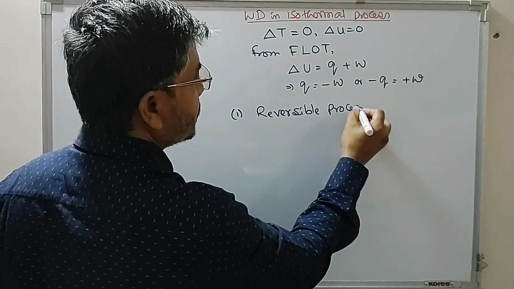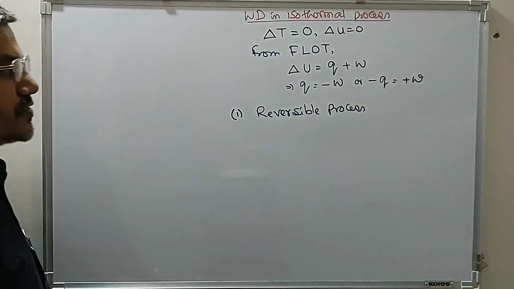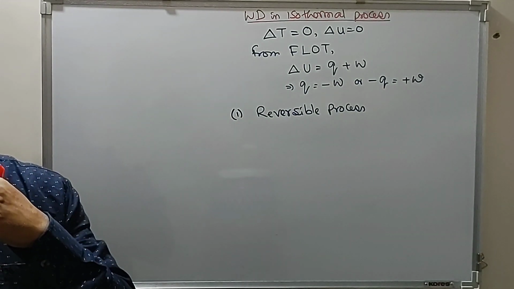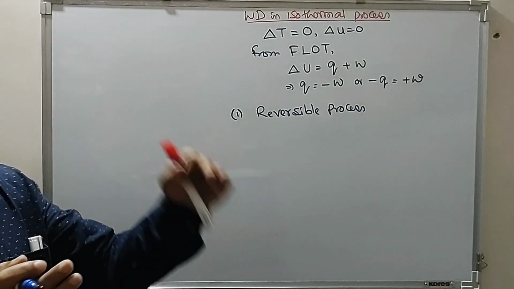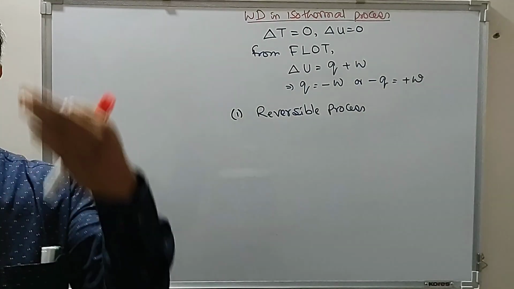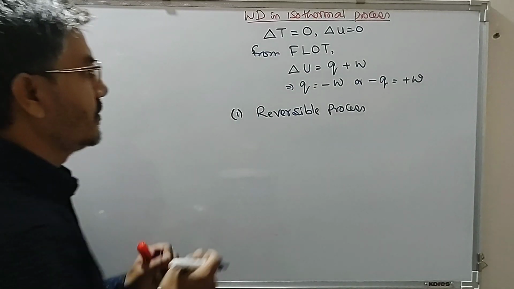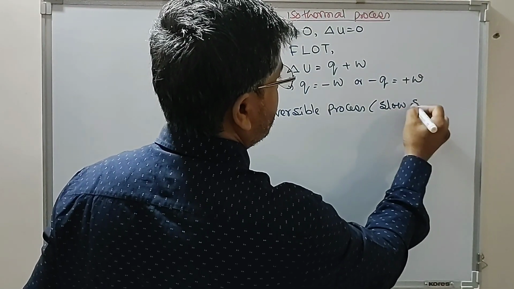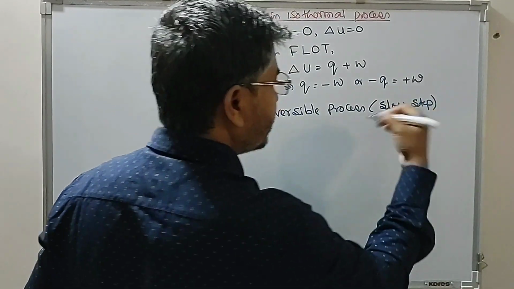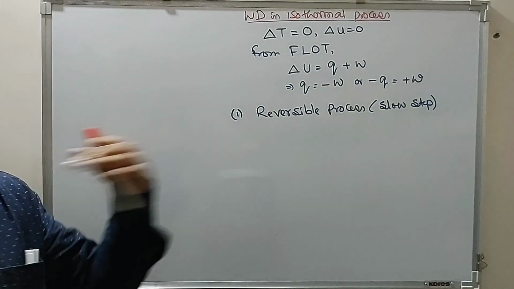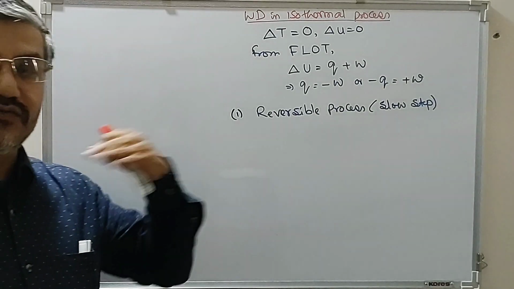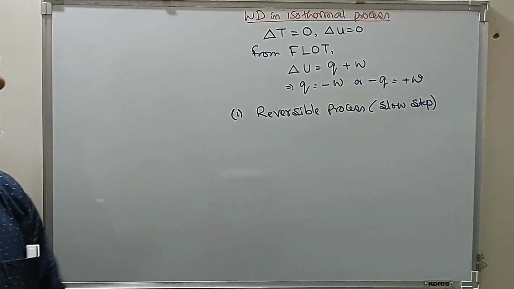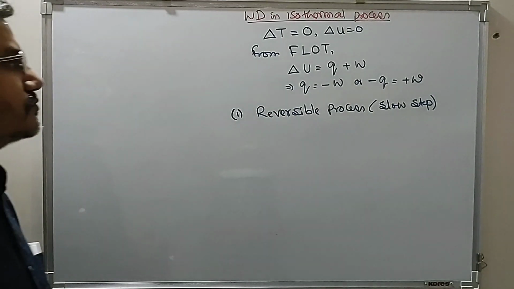A reversible process means the process which is very slow and the change is taking place in an infinite number of states. Slow step, taking place very slowly. Change from initial to the final state is taking place in infinite numbers of states. That is a very slow process. That is what we call a reversible process.